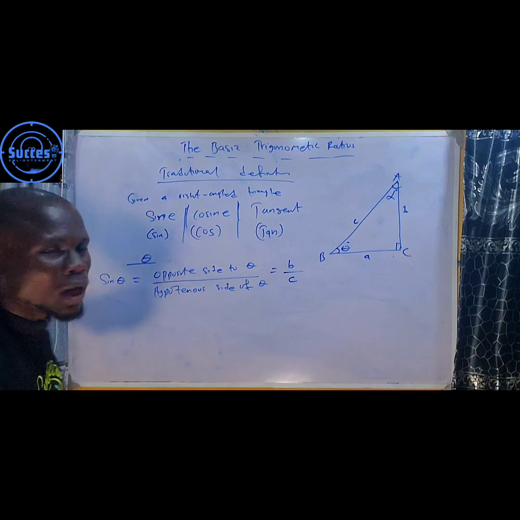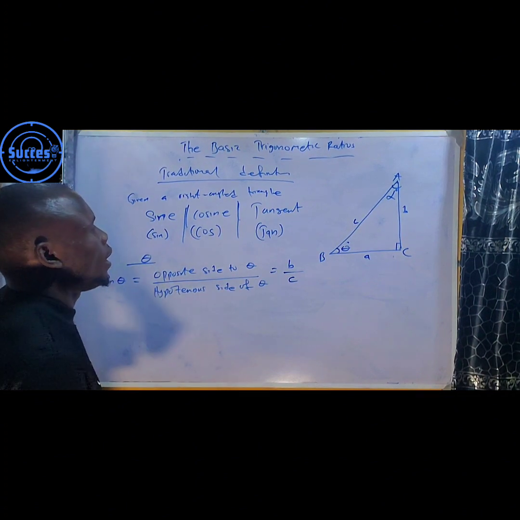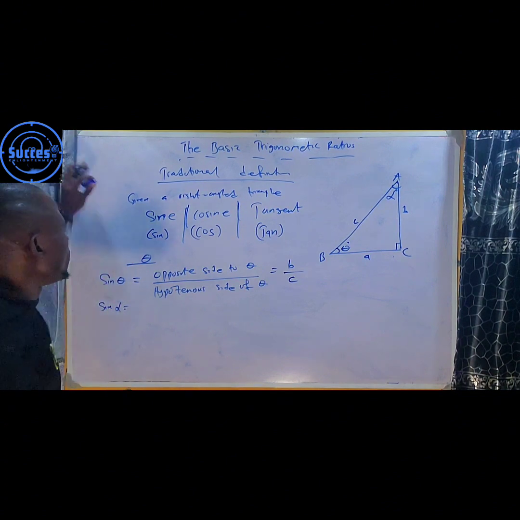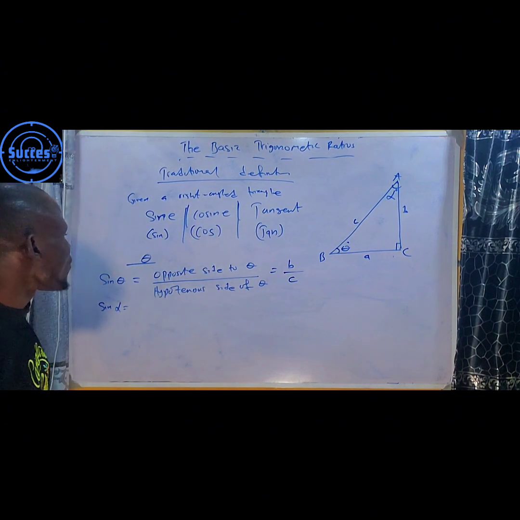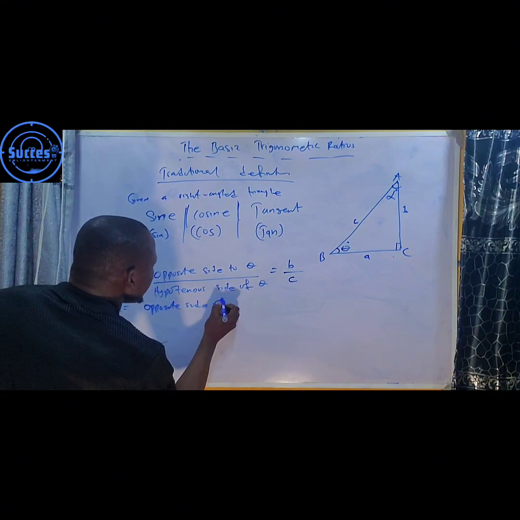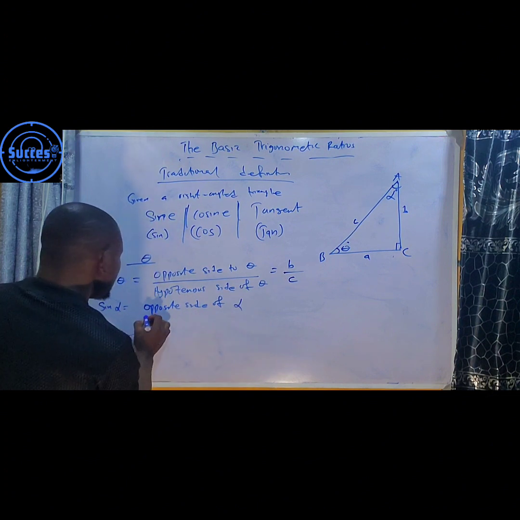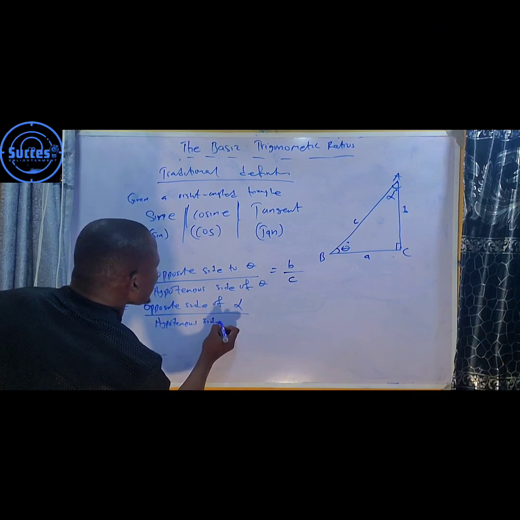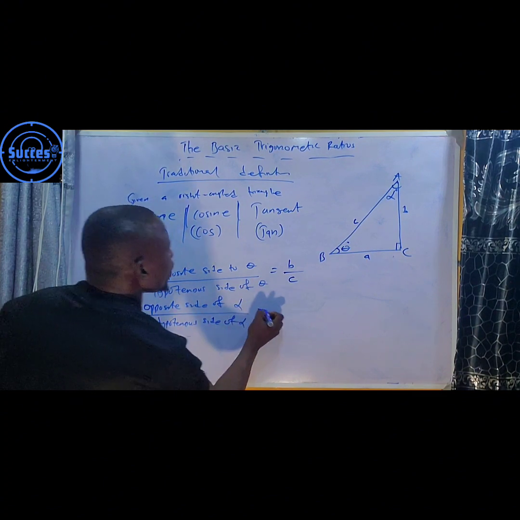But suppose you are dealing with sin alpha. By traditional definition, sin alpha will be the ratio of the opposite side of alpha divided by the hypotenuse side of alpha.